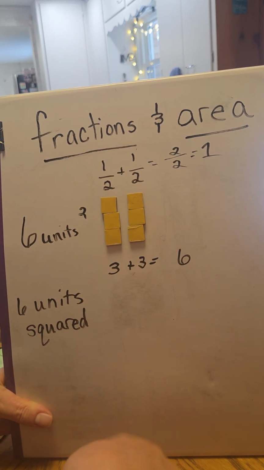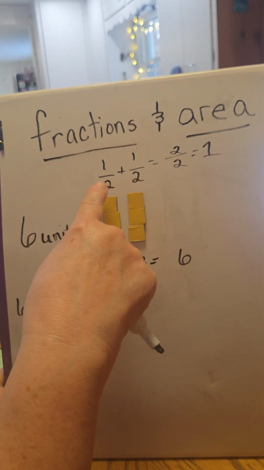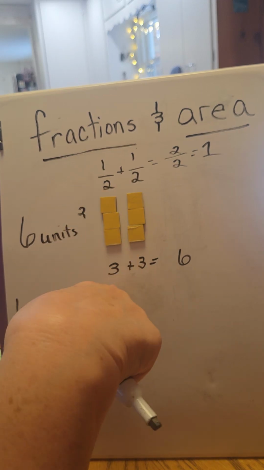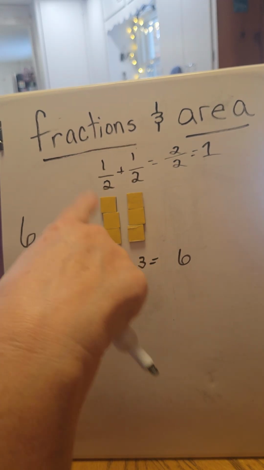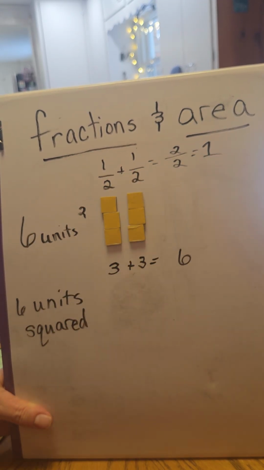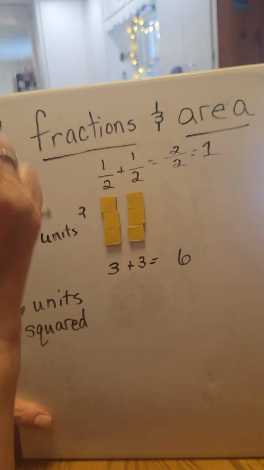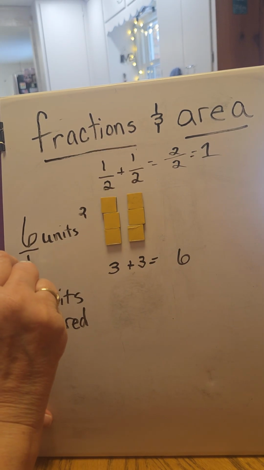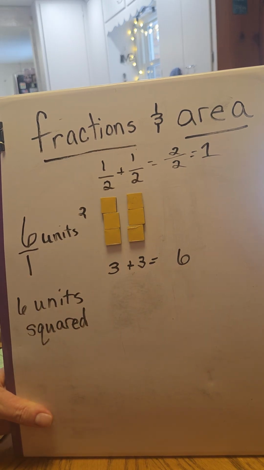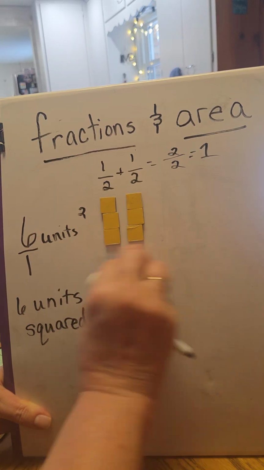So here I have, look at this. 3 in each group. 1 half and 1 half. Yep, the whole group. And I know this is 6, this is 6. 6 whole units. 6 over 1. Wow. Well, let's get rid of the 2s.